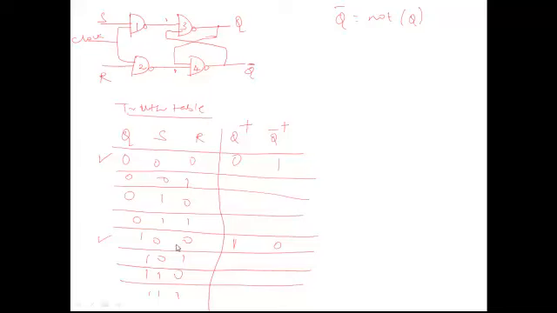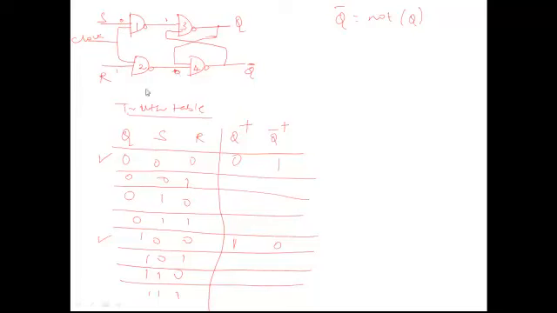Now let us see the second combination. S is 0, R is 1. So when S is 0 and R is 1, what is happening? S is 0, R is 1. Obviously, since one input is 0, the output will be 1. Clock, as we already understood, is always triggering. So 1 and 1 will give you 0.